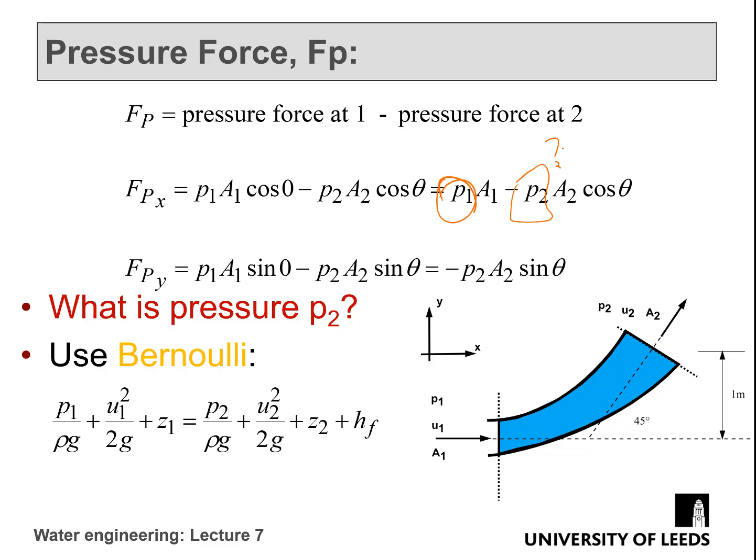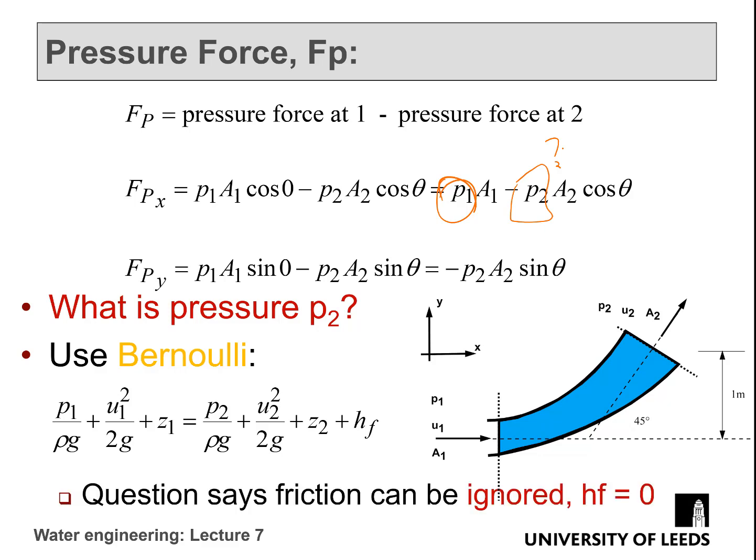P1 over rho g plus u1 squared over 2g plus Z1 is equal to P2 over rho g plus u2 squared over 2g plus Z2 plus any head losses due to friction. Now, the question says friction can be ignored, so hf equals 0, or we just cross this off in this example. So we're going to now calculate P2.